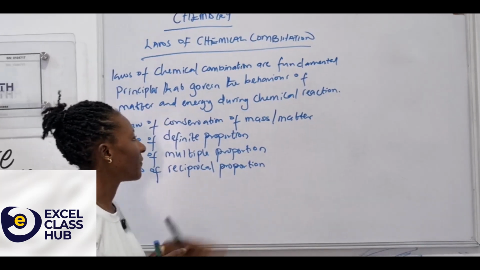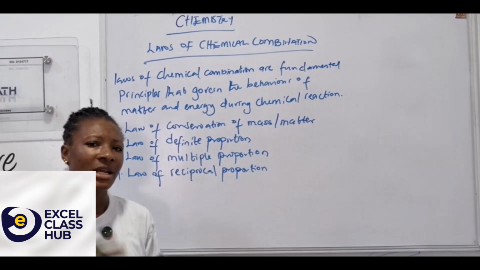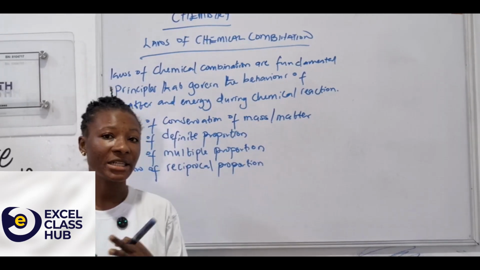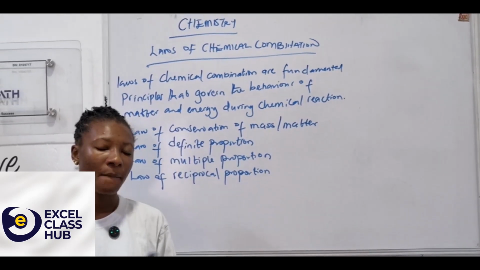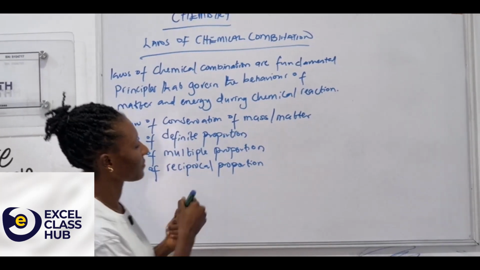The first one is the law of conservation of mass or matter. This law states that mass or matter can neither be created nor destroyed, but can change from one form to another.